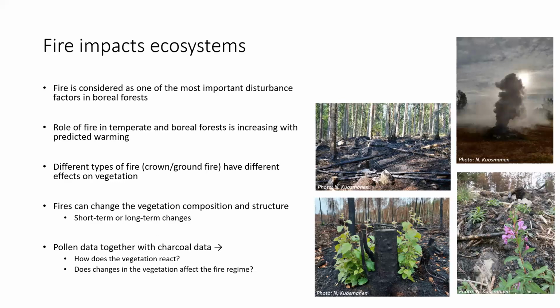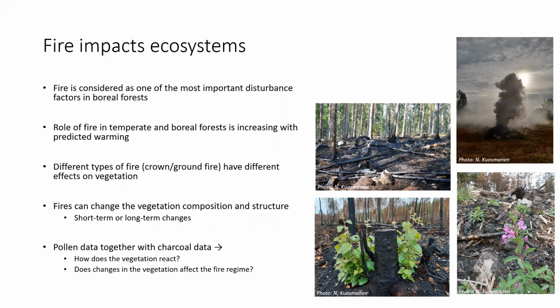Also, fire can have different impacts depending on the intensity or the type of the fire. If it's a crown fire, which usually occurs in spruce forest and destroys the whole forest stand, or it can also be a ground fire, usually a surface fire, usually more in pine forest and less severe. And after these ground fires, the trees can be left alive and maybe not that big destruction of the vegetation as after intensive crown fires.